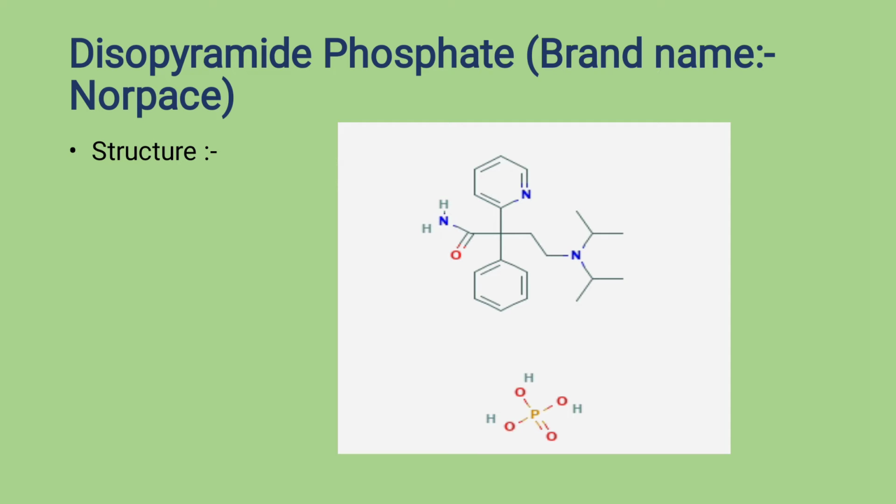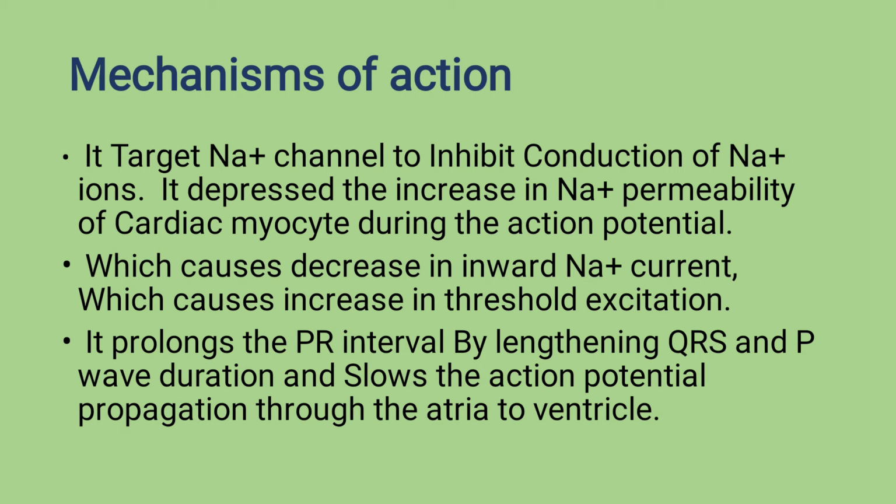Then disopyramide phosphate, brand name Norpace. Mechanism of action: it targets the Na+ channel to inhibit the conduction of Na+ ions. It depresses the increase in Na+ permeability of cardiac myocytes during the action potential, which causes a decrease in inward Na+ current, which causes an increase in threshold of excitation.